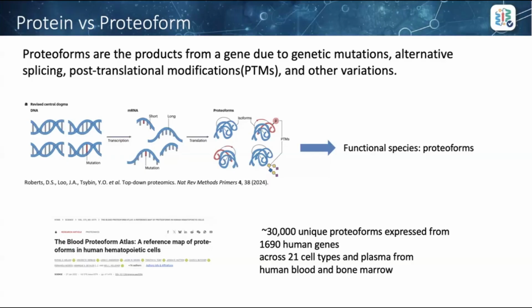Importantly, proteoforms, not proteins, drive biological function. In 2022, a large-scale study showed tens of thousands of proteoforms from a limited number of genes. So this highlights a key gap. Protein-level analysis is not enough for precision biology or biopharma characterization.